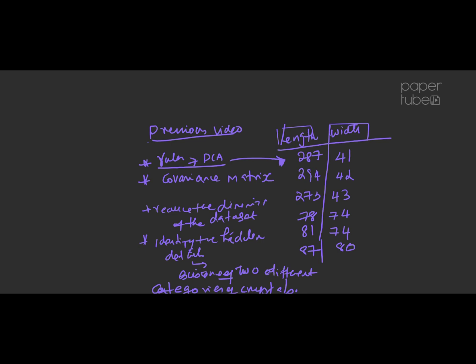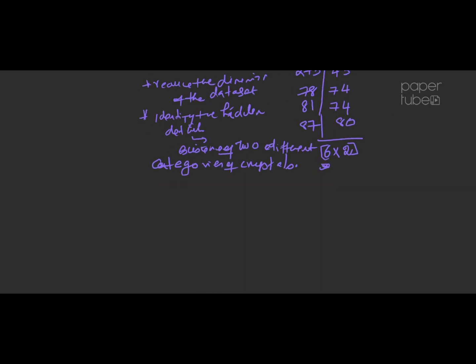At the moment we have 6 samples or 6 rows, and 2 measurable quantities, that makes 6 multiplied by 2, the current data set, and you need to reduce the dimension. The least dimension that you can expect is 6 multiplied by 1, and to do that we are going to use the PCA. And in the previous video I explained the rules of PCA.